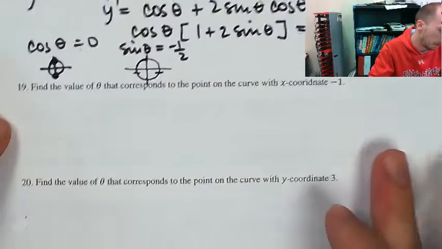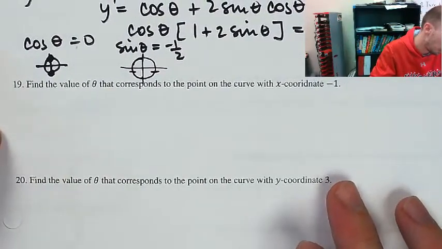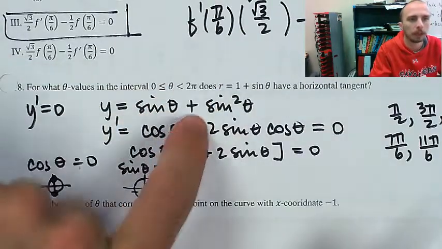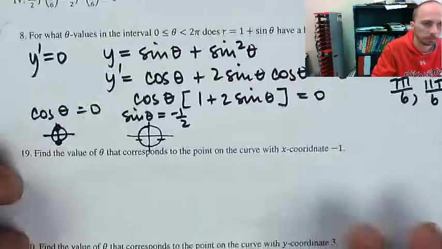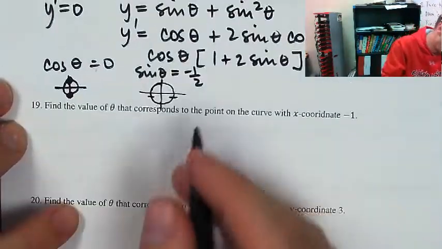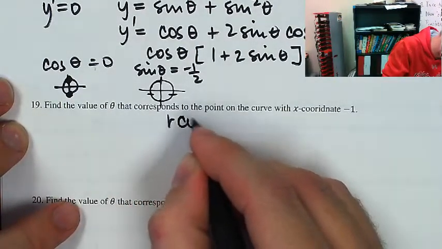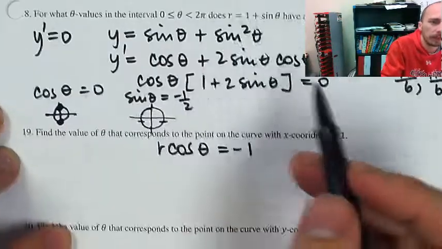Okay, find the value of theta that corresponds to the point on the curve with x coordinate negative 1. That's, I'm assuming, this same curve. Yeah, I mean, I don't know. I don't have anything else to go off of. So our r cosine theta equals negative 1, and r is 1 plus sine theta.